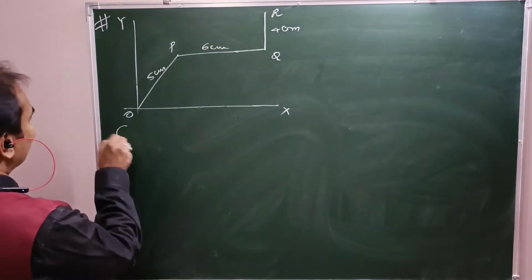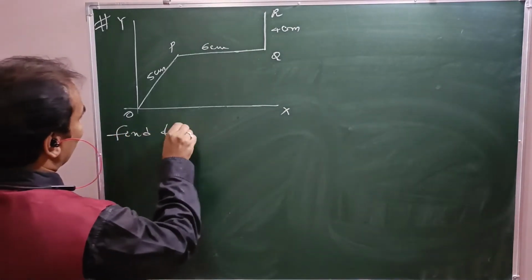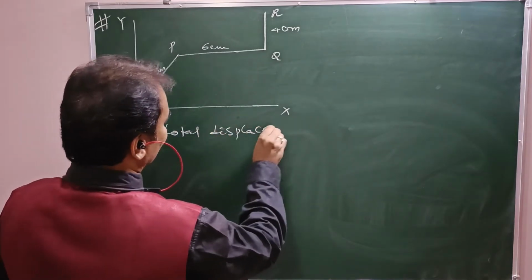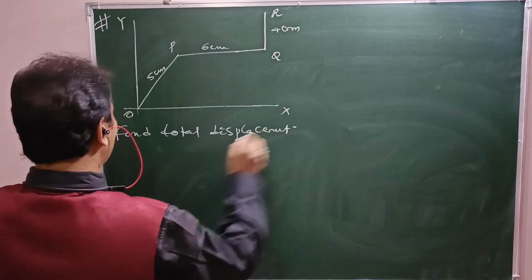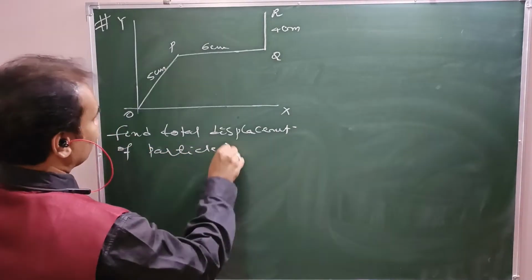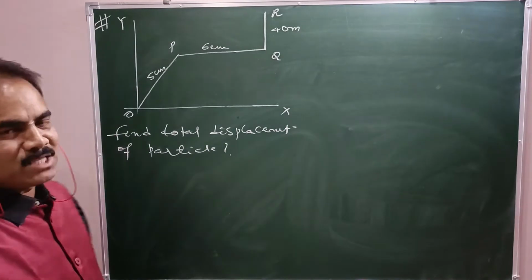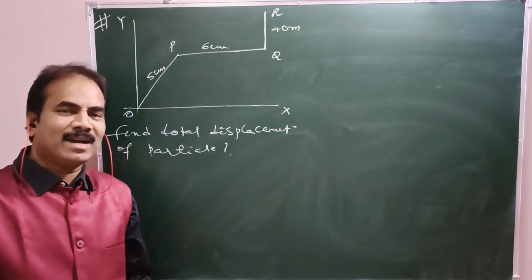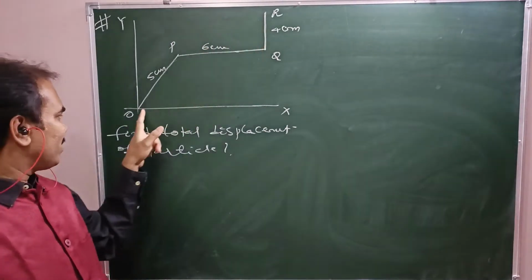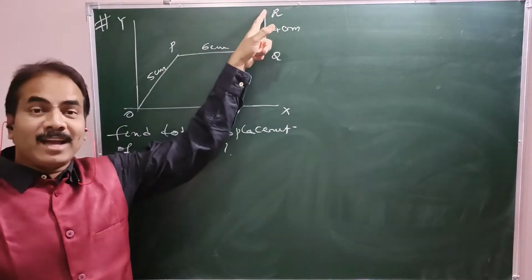Displacement of the particle. What is meant by displacement? A line segment drawn from the initial position to the final position. O is the initial position, R is the final position.